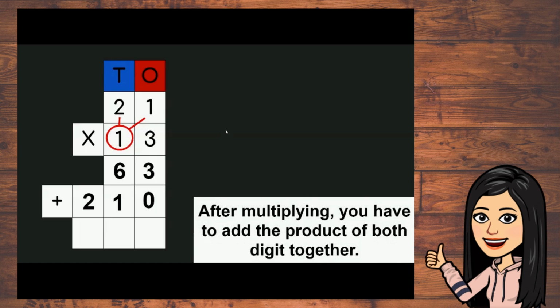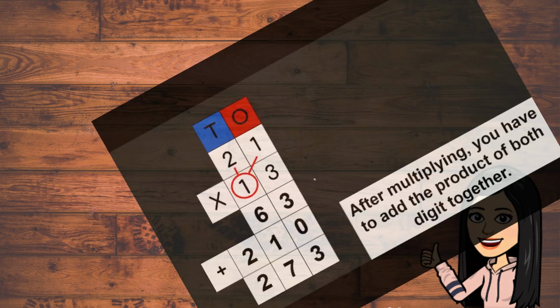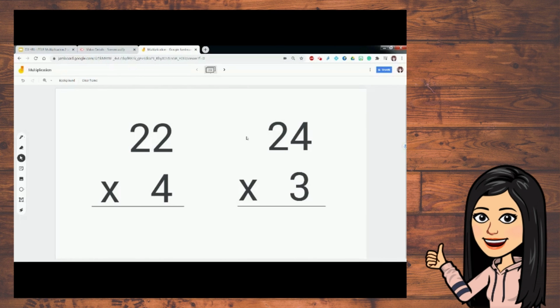So we have 63 plus 210 rather. So we will have 3 plus 0 is equals to 3, 6 plus 1 is equals to 7, and you just have to bring down 2. So the answer to 21 times 13 is equals to 273.